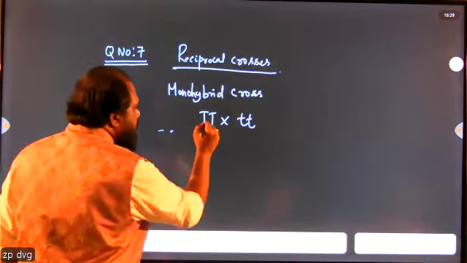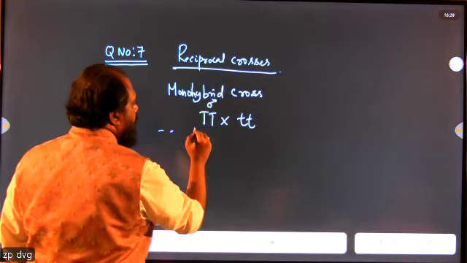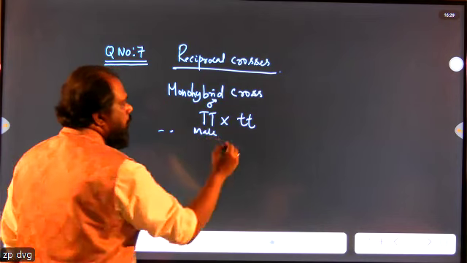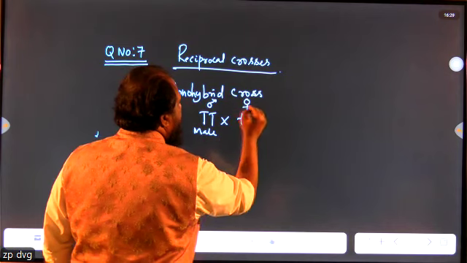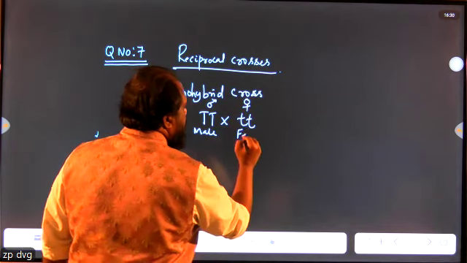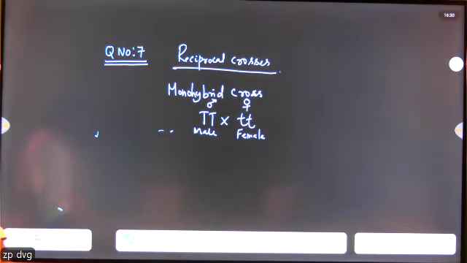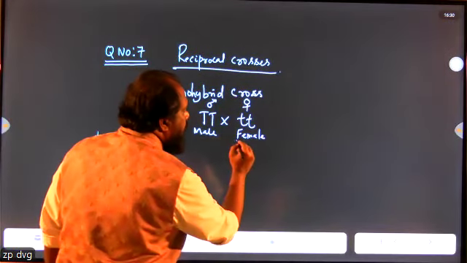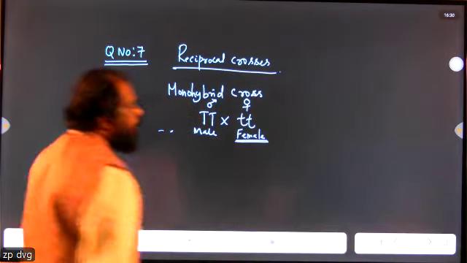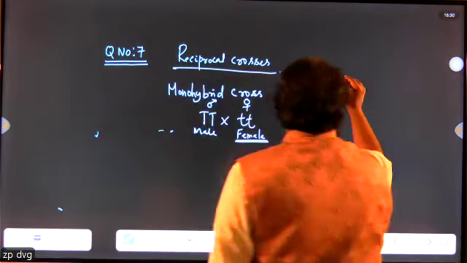Now I consider this tall as a male plant, and I will consider this plant as a female plant. Hope you remember the pea plant is a bisexual plant. Now how will I convert this particular flower into a female flower? I will do emasculation.